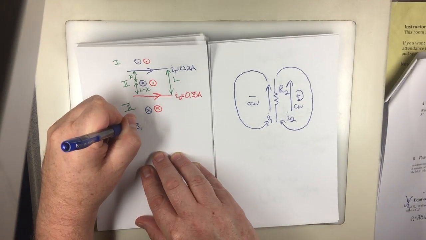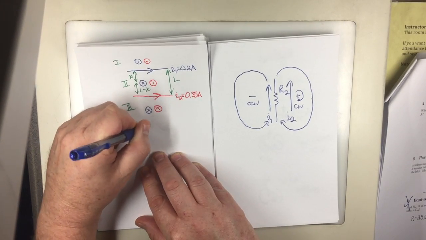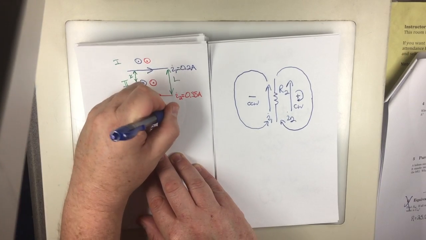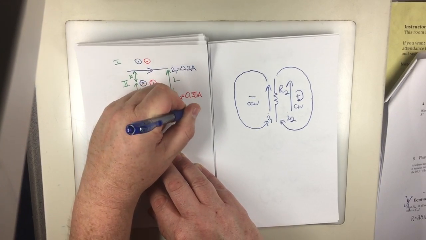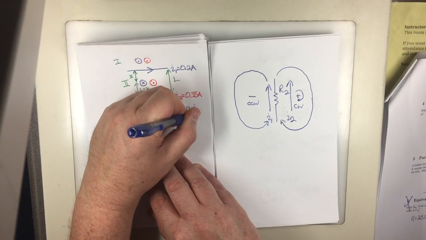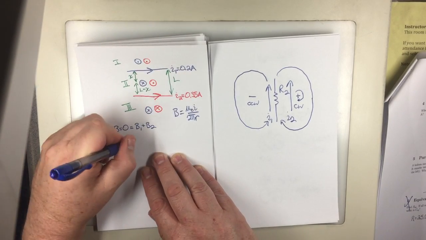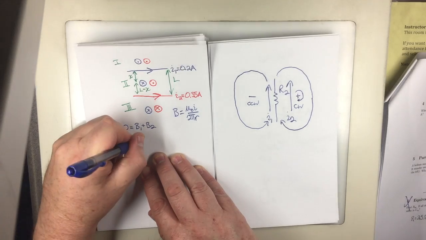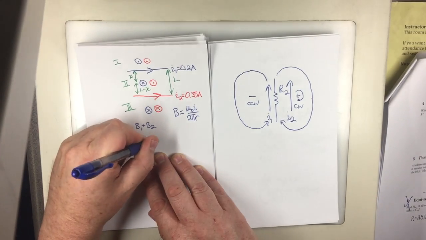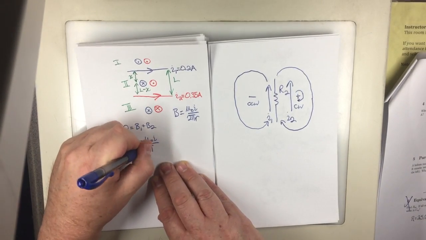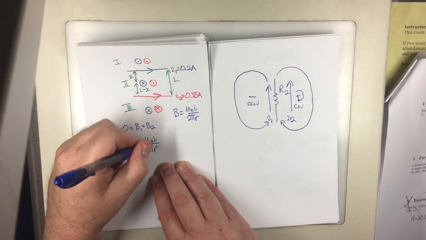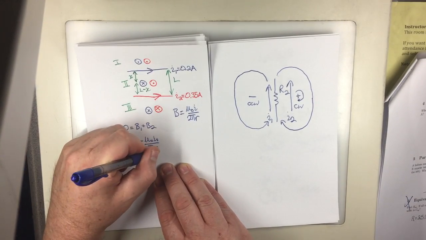And actually what I'm going to do is on the next line. B field generic on a wire is mu naught I over 2 pi r. B1 is negative, so it's going to be negative mu naught I over 2 pi r, and this is I1 over R1.